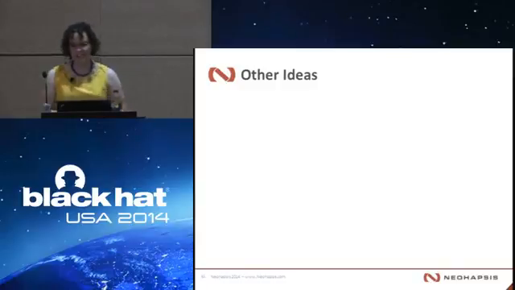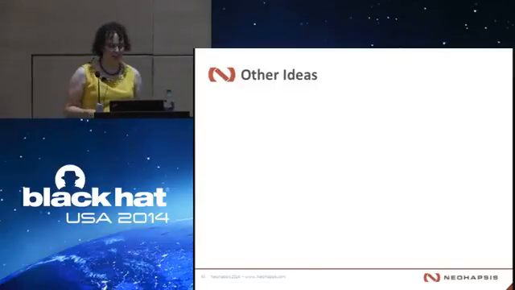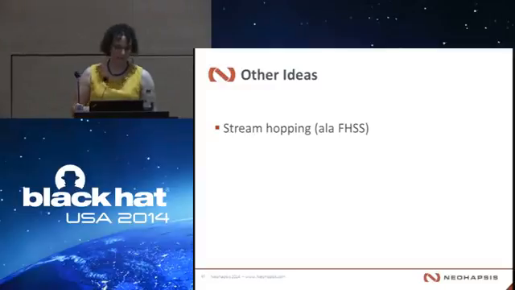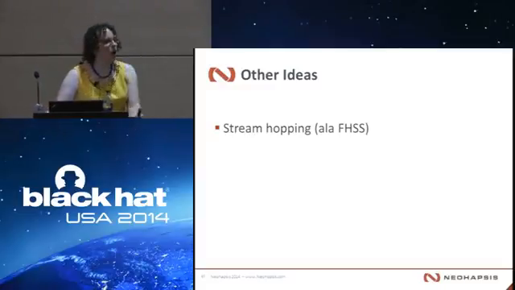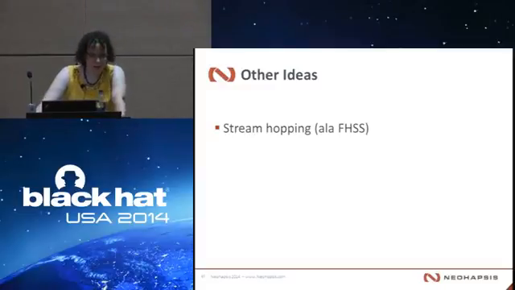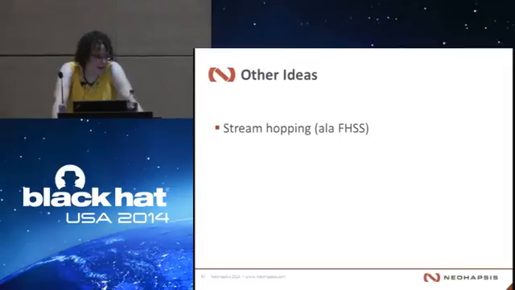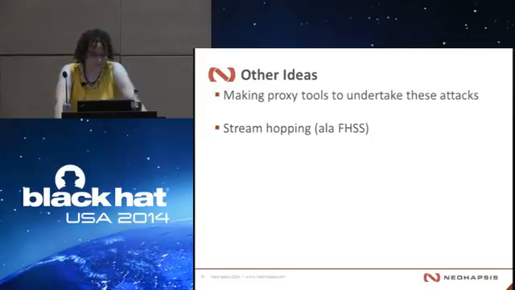So, there are some other ideas we've got for research that we haven't quite got to yet. Stream hopping. Sending out a whole lot of streams. At any one point, only some subset of those are valid. So if you're sitting there watching that traffic, and you have no way to know which ones are actually being listened to, which ones are valid, it's an additional layer of obscurity. Oh yeah, and making proxy tools.